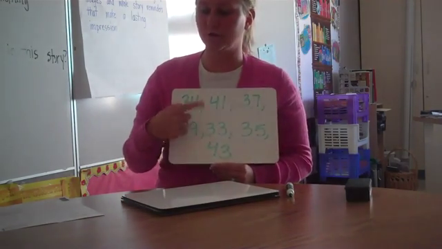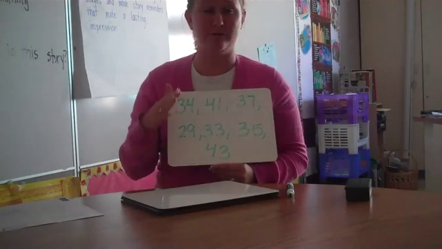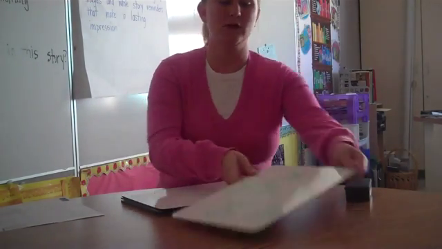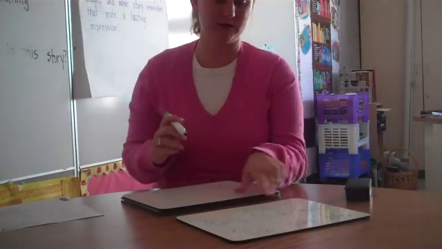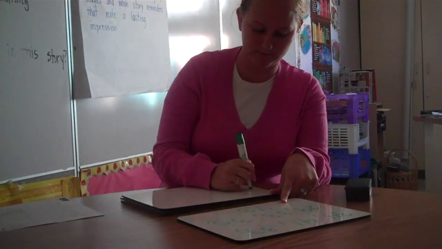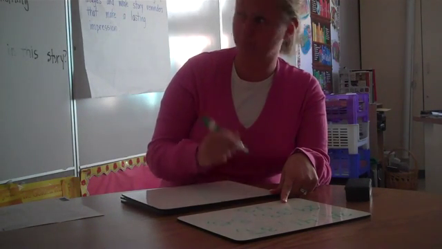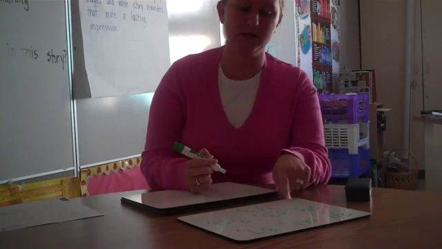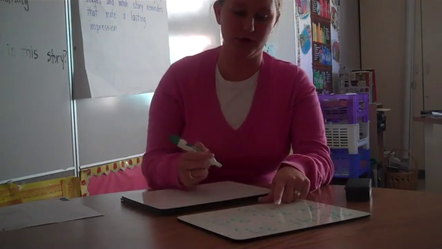Okay, so the first one, what I like to do, the very first thing, is put the numbers in order from least to greatest. So when I look at my data, I look, and the smallest one is 29. So I'm going to go ahead and put 29 down. Then the next one is 33.